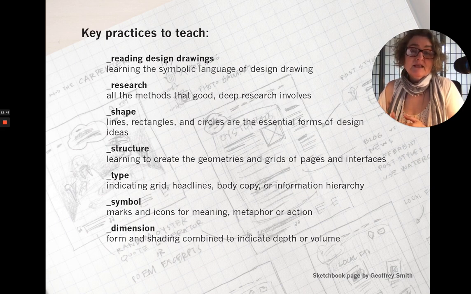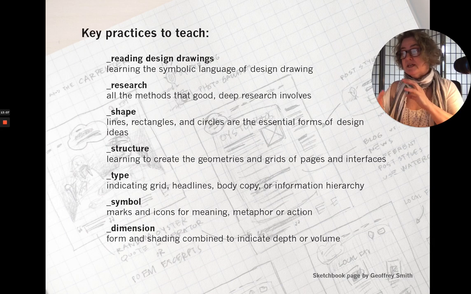Symbols, these are different icons that stand in for metaphors. The one that jumps out in my mind is the envelope indicating mail or email. And you've got dimensions. Sometimes three-dimensional effects in the sketching are helpful.